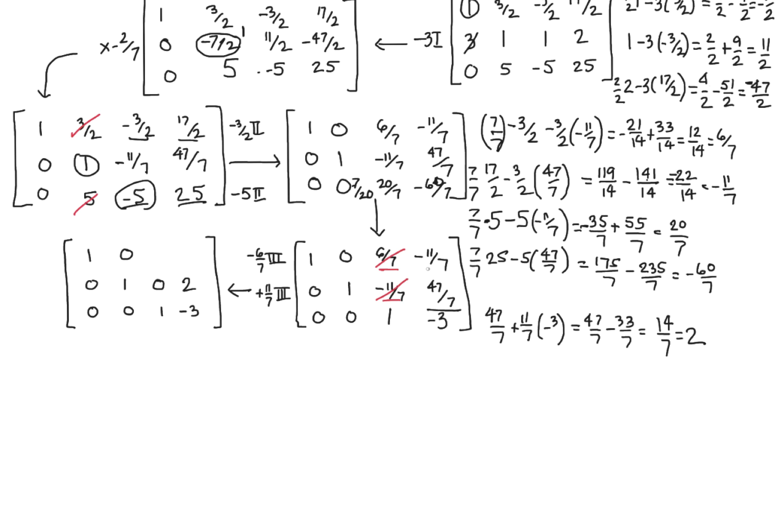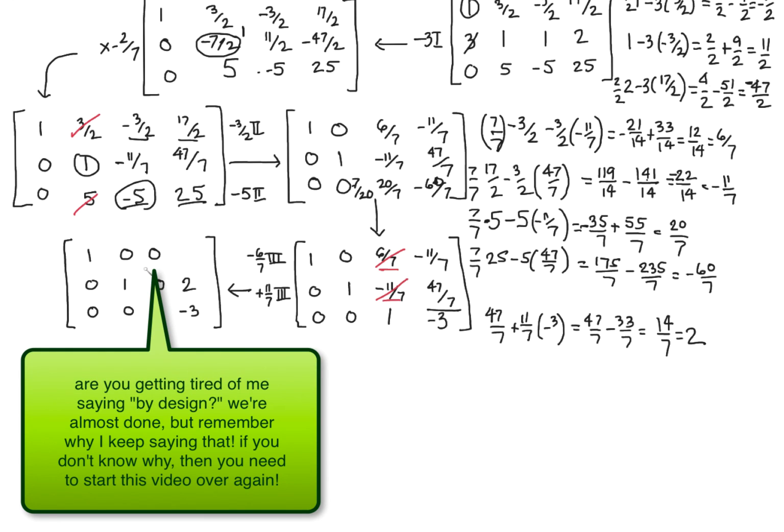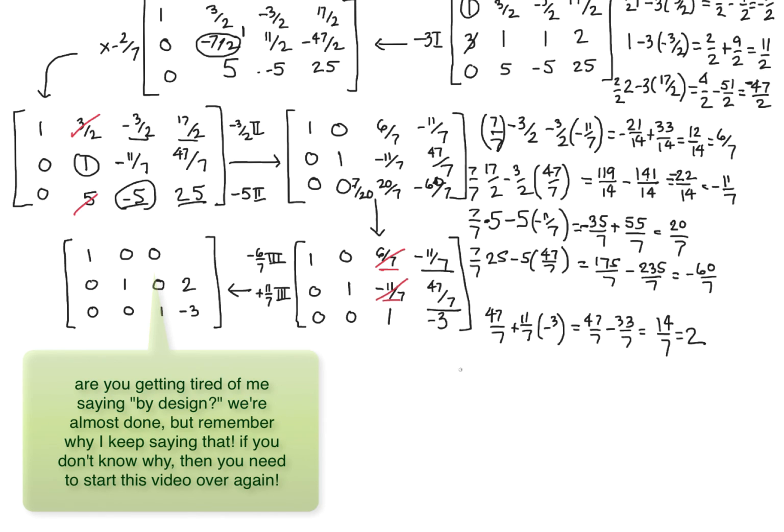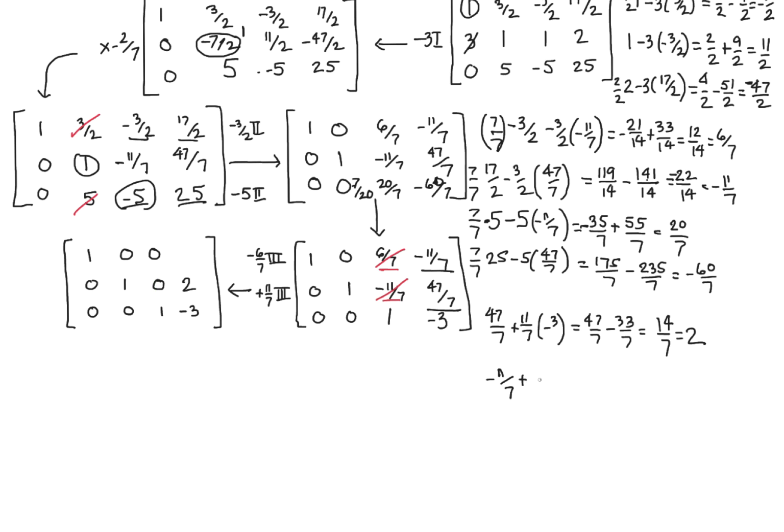Okay, the next one we're working on, of course, 6/7 minus 6/7 times 1 becomes 0 by design, of course. And here's our finished row echelon form. Now we have our last thing, which is this guy here. So that's minus 6 over 7 times row 3, which is minus 3.